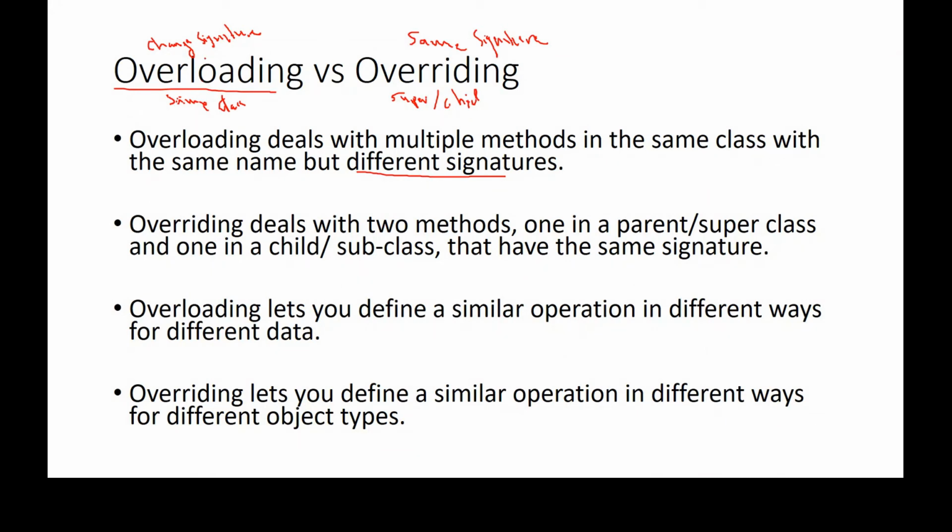Overloading allows you to define a similar operation in the same way for different data. So you can add two integer numbers, you can add two double numbers. If I say sum in overloading, I can let you sum integer and integer.